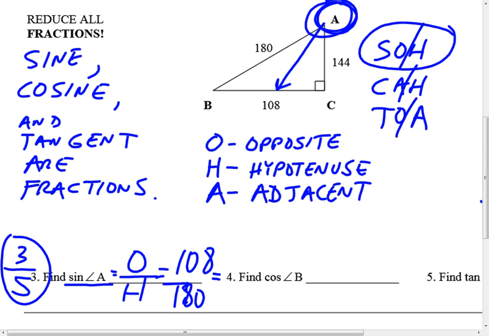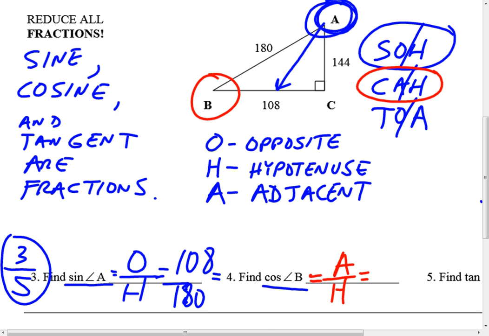If we want cosine of B, we have to center our focus on B. Now I'm looking at this angle. Everything is now in relation to that angle. What did we say the cosine fraction is? A over H. What does A mean? Adjacent.